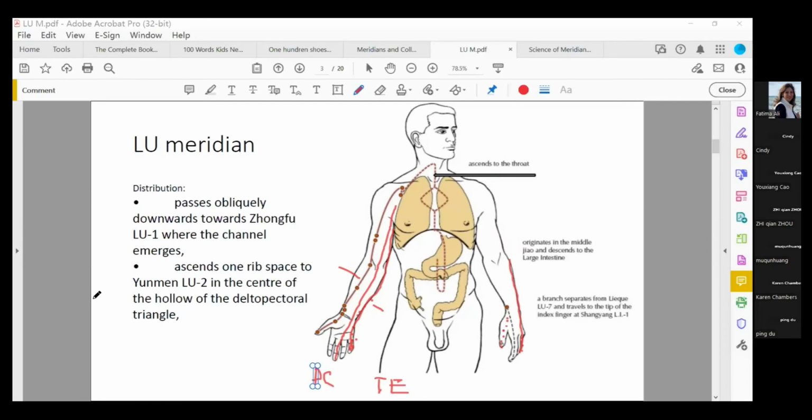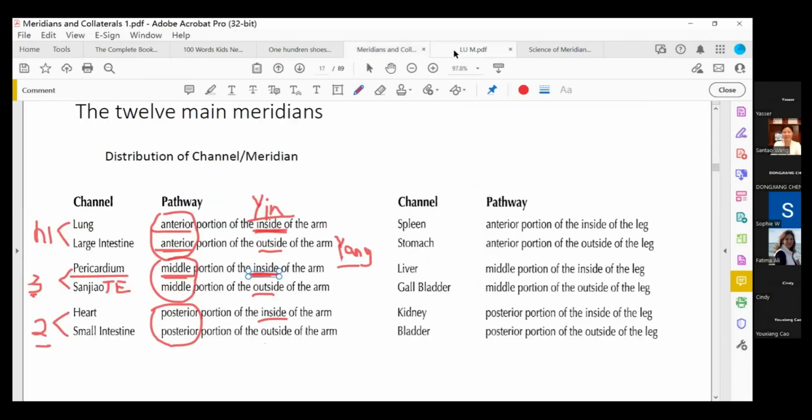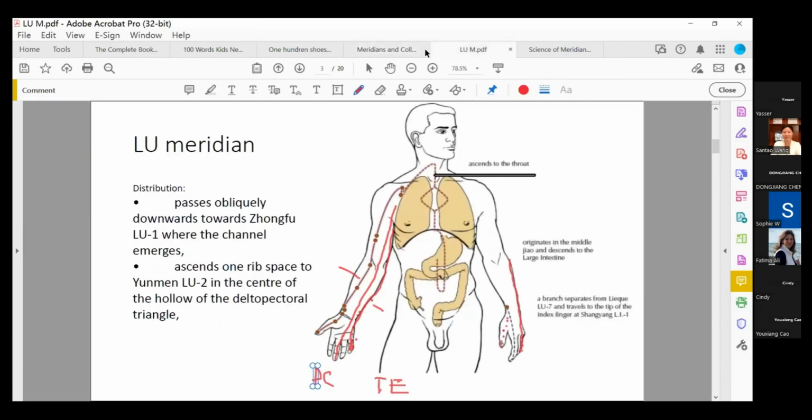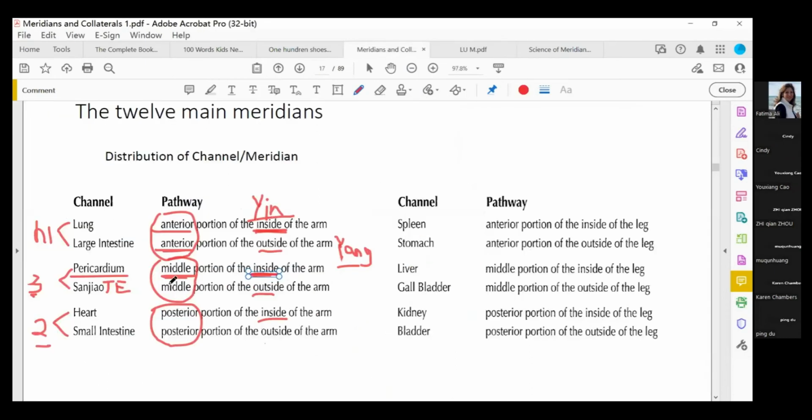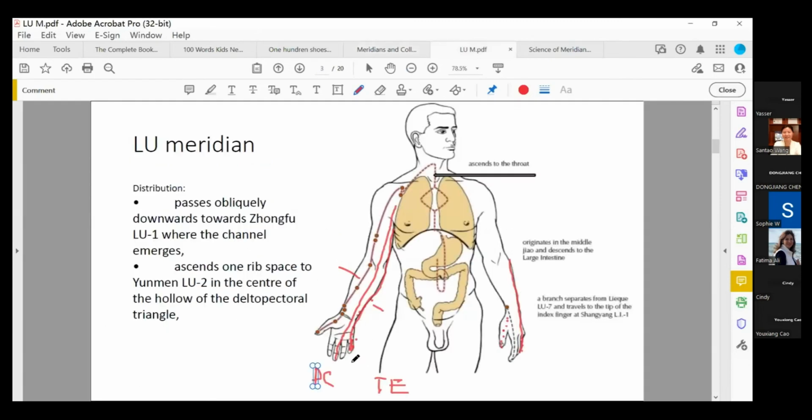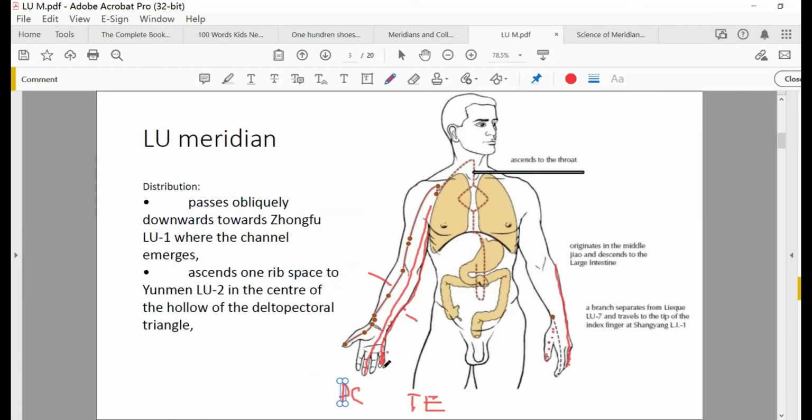Okay, let's keep going. That is the posterior portion. Okay, this one, that's the posterior portion, on the yin part.